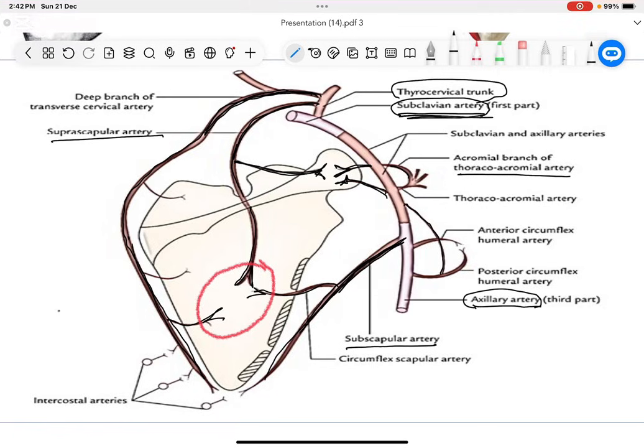So the acromial branch of the posterior circumflex humeral artery, and here they are making an anastomosis. So here also we can see the branches from the suprascapular artery, the thoracoacromial artery, and the posterior circumflex humeral artery are making an anastomosis.